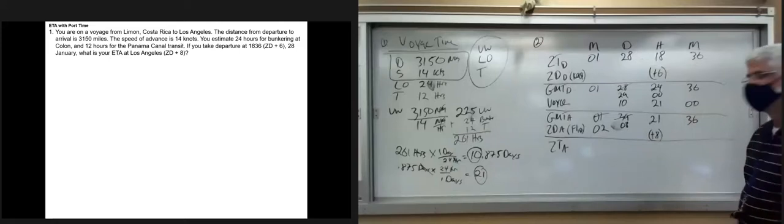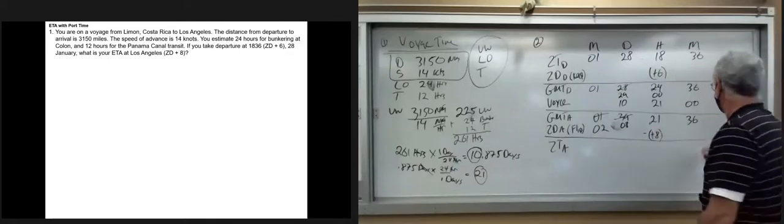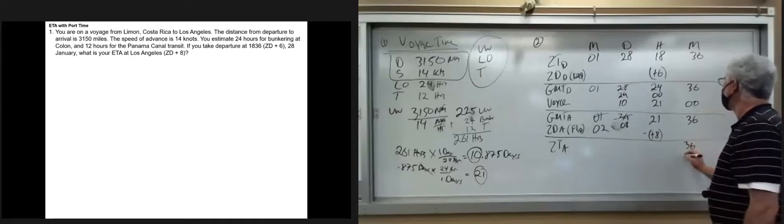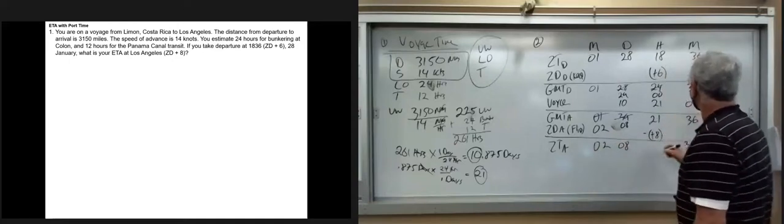Okay? What's my zone description of arrival, Oscar? +8. Okay, so that was +6 for that one. This is +8 for that one. Anything I want to do to that? Flip that. Okay, what's my final answer, Oscar? 02, 08, 13, 36.